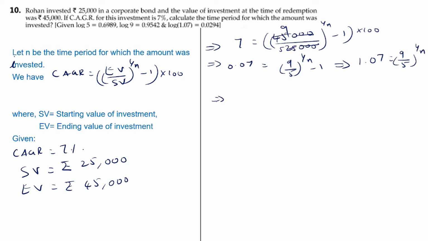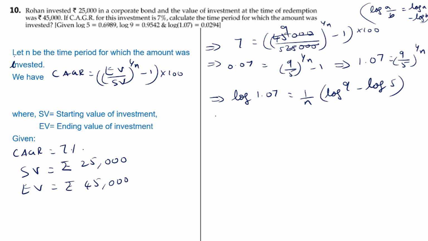If we take log on both sides, we get log 1.07 is 1 by n log of 9 by 5. Now log of a by b is log a minus log b. So log of 9 by 5 is log 9 minus log 5. So from this we have n is equal to (log 9 minus log 5) upon log 1.07.